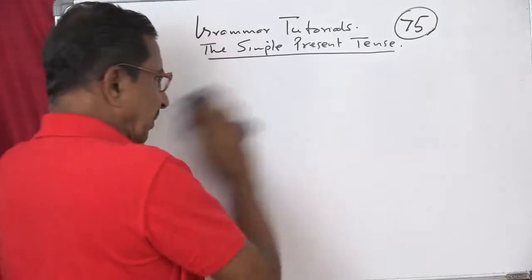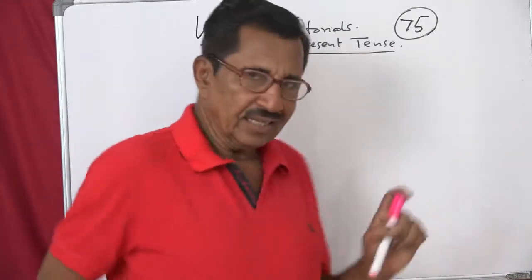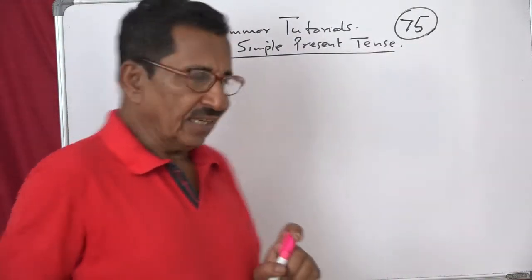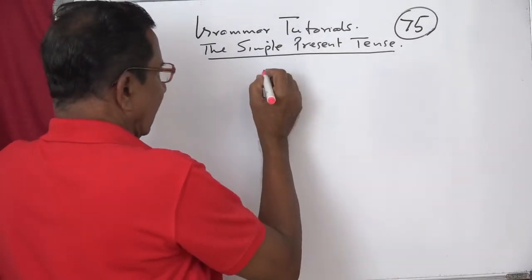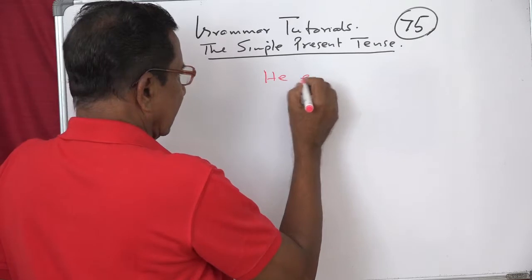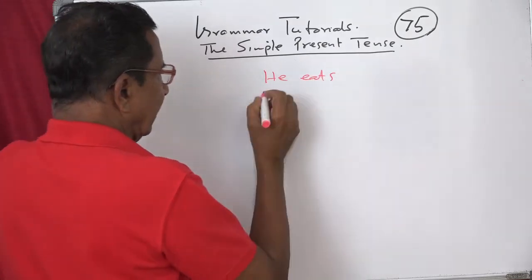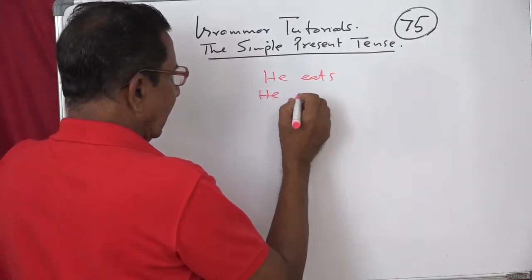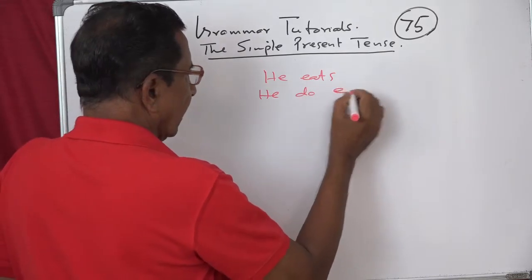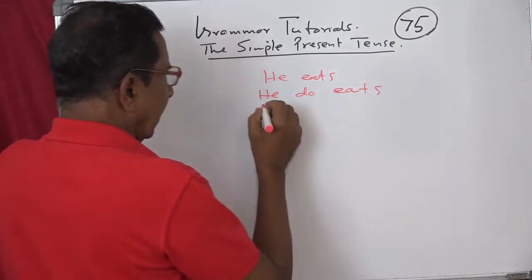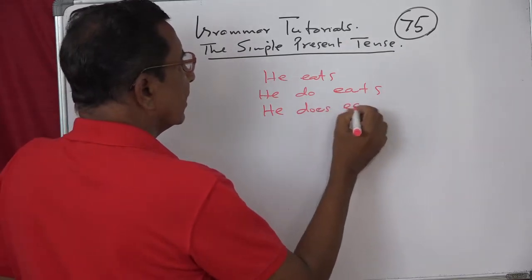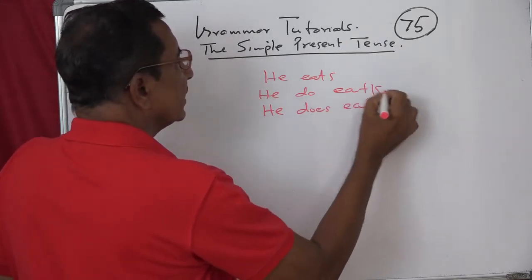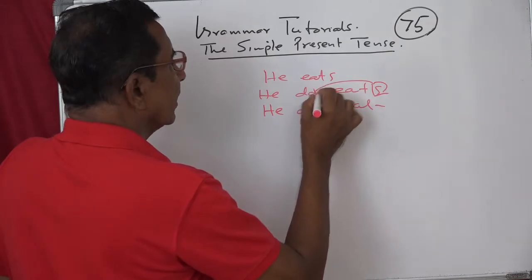Alright, now we are coming back to negatives. Negative, he eats. Steps are he, do, eats, and then that is he does eat. This S is taken and added here.